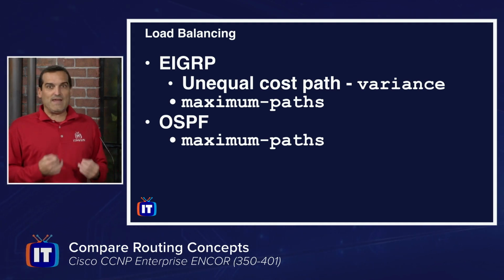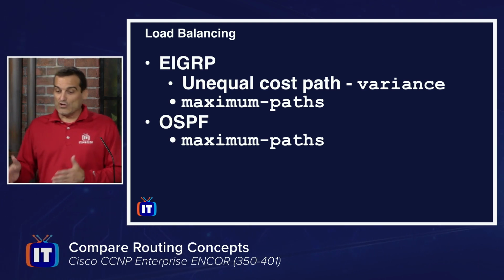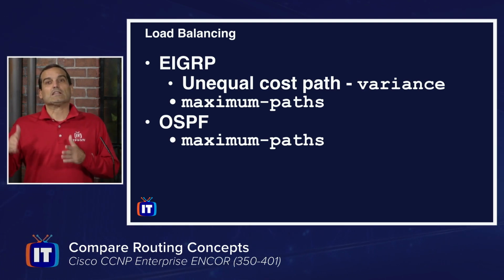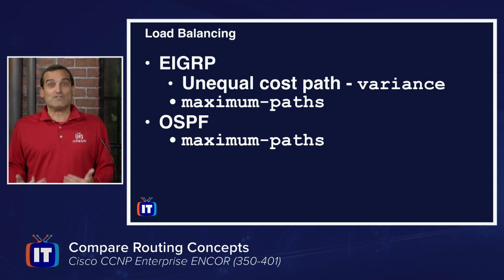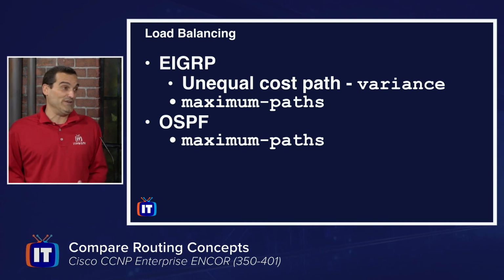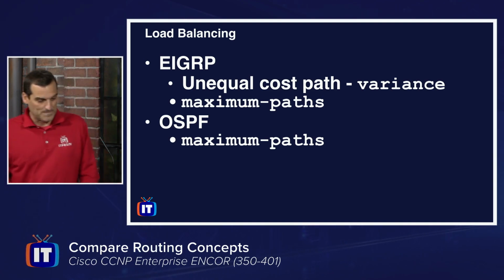The variance command gives you a multiplier where you can say, look, links three times as bad are allowed to be treated as equal cost paths from a load balancing perspective. That is very unique to EIGRP. It could also potentially be suboptimal. You better be very careful when you configure that, because you could have very inferior links being utilized, and you could have upset customers when you were really trying to make happy customers.